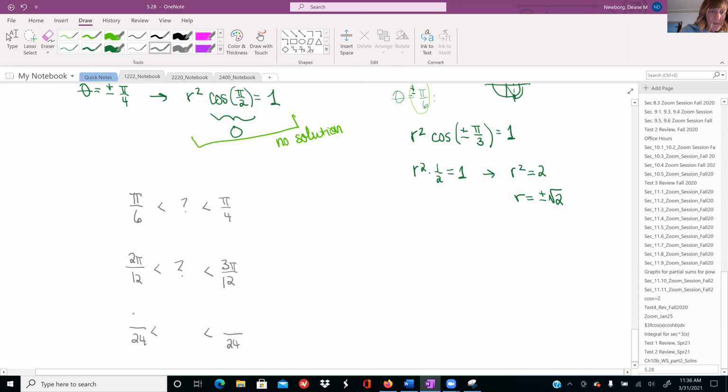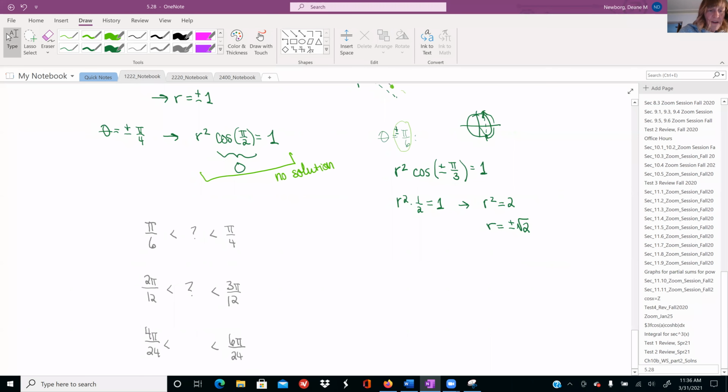So just multiply top and bottom by 2. So 5 pi over 24. It seems like a weird angle, and it is, and I won't be able to find a nice answer without my calculator, but at least I know something to plug in.